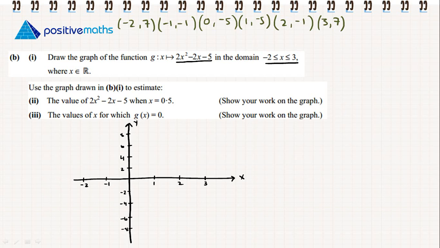So on my x-axis I have -2, -1, 1, 2 and 3, so it's going up in steps of 1. And on the y-axis I'm taking steps of 2 because I'm just a little bit more limited with space. Now I'm going to plot the points.